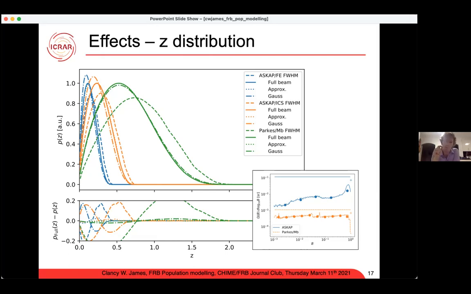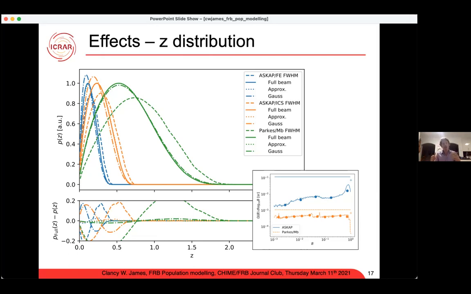And the good news here, though, is that in the case of PARTS, Gaussian beam shapes for this purpose are doing good enough, right? Okay, you overestimate your absolute rate, but in modeling your DM-z distribution, it's fine. So clearly with CHIME, if you care about repeating FRBs, which you obviously do, where you care about where in the beam things are as a function of time, then your precise beam shape will matter.